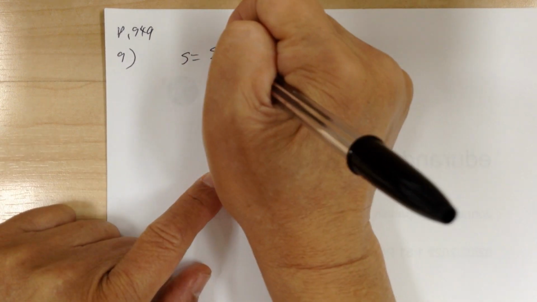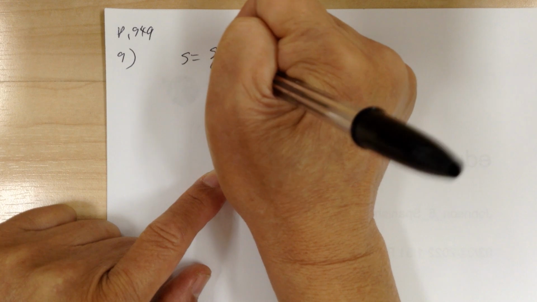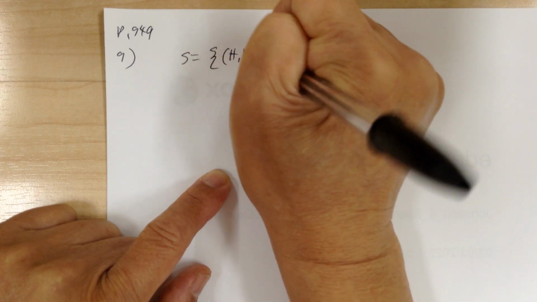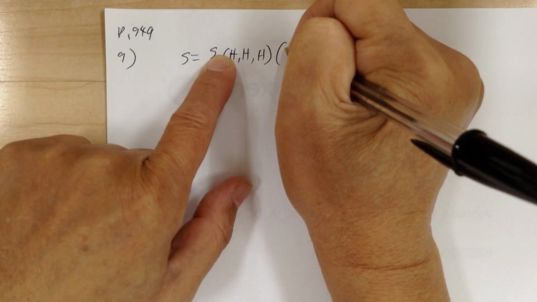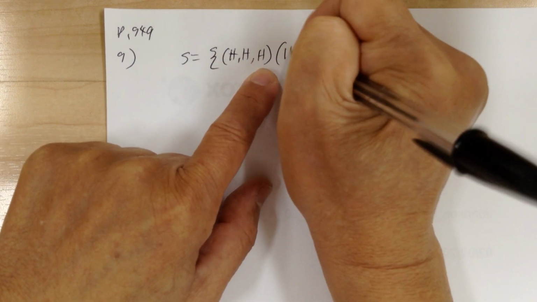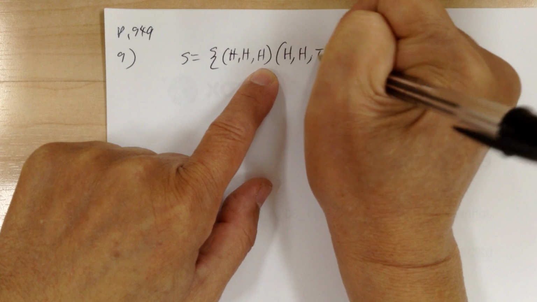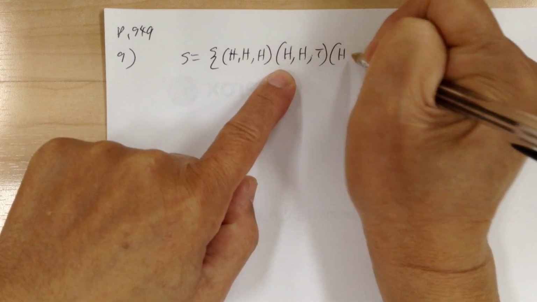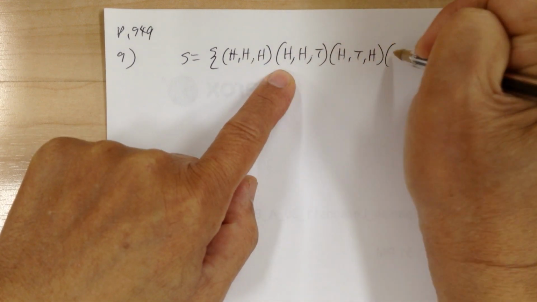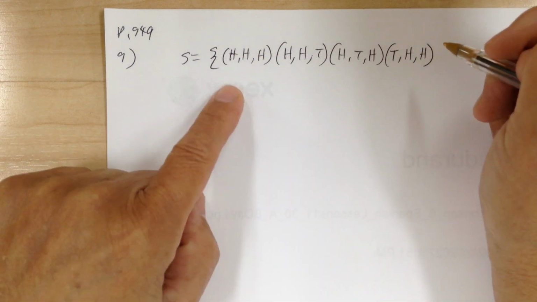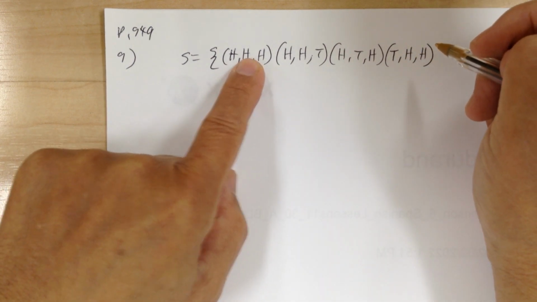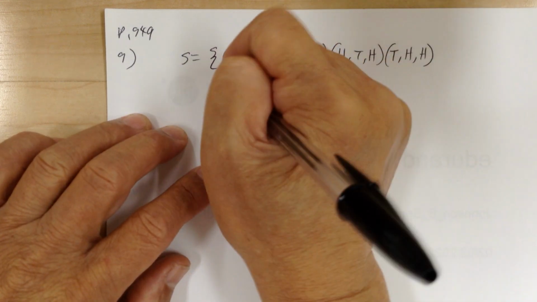So you start with head, head, head, right? And after that, you can do the 2 heads. So you start with 3 heads, no tail. Then you can have 2 heads and 1 tail, and you can rotate them. You want to do it in an organized way. So start with 3 heads, no tail, then 1 tail, then 2 tails.